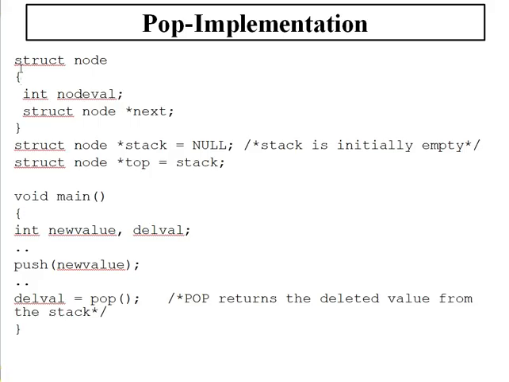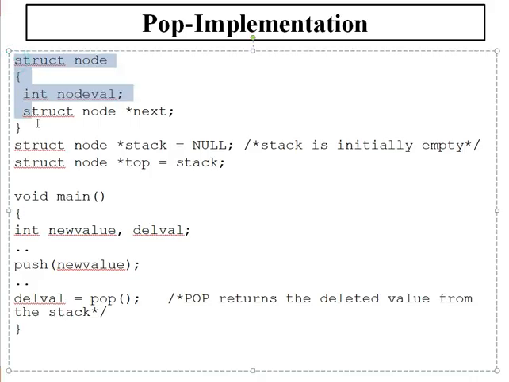So here this one is the stack self-referential structure, which is representing the singly linked list, because here we are declaring a single pointer that will create a chain or link between the nodes.